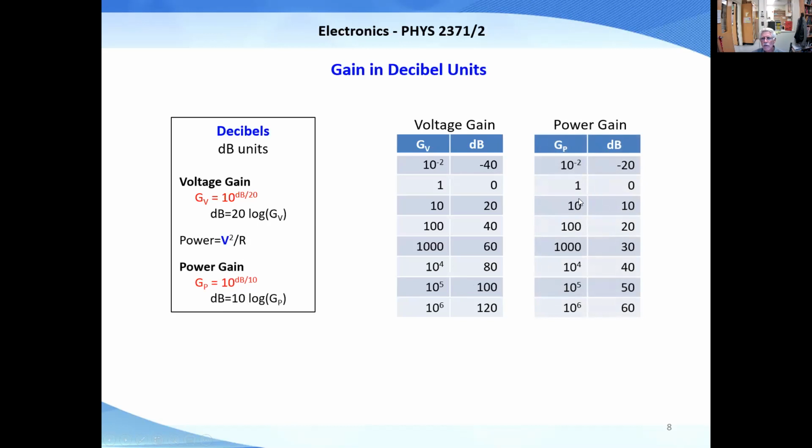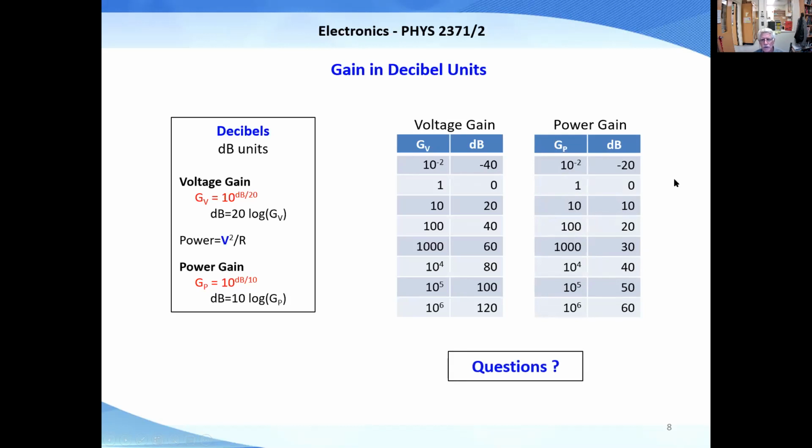So in power gain, every step up of a factor of 10 is an increase of 10 dB. Okay, we're actually going to use that, and you're going to measure gains in dB.